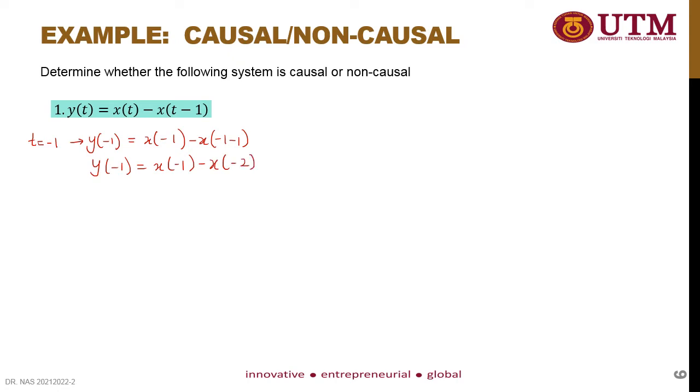So when you compare the states, the output has the -1 state, so this is your current state. Your input point also has -1, so it's the same state. And then you have -2, which is smaller than -1. So in this case, the first one is the current state, and then you also have the previous state.